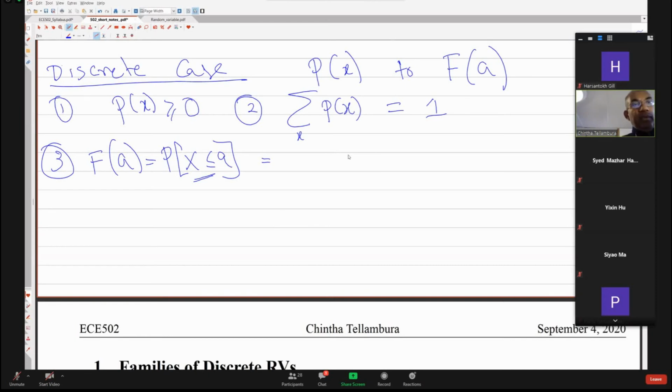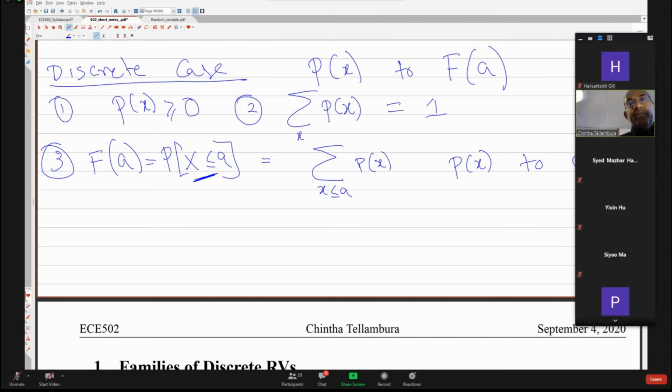So all I have to do is the following. I go and pick my probability mass function, and I look for the x values that satisfy this condition, x less than or equal to a. So this is the sum over x less than or equal to a. This is how you compute the CDF from P(x).